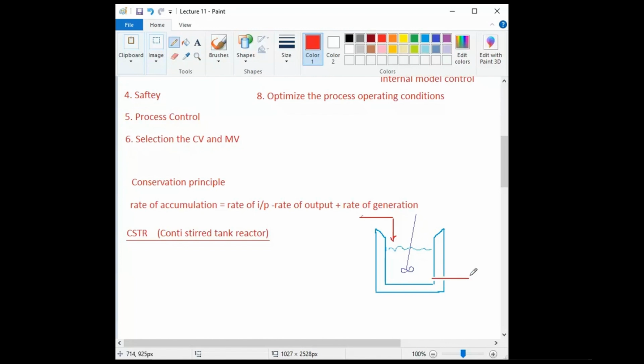So this is the outlet, and here we have coolant in and coolant out. So here we are providing coolant in, coolant out.